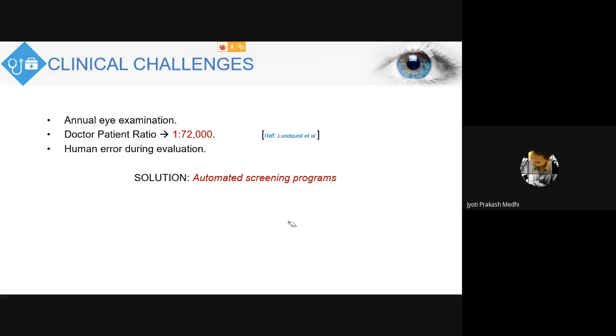So in this way, we can help the medical fraternity by using various automated algorithms for identification of retinopathy. So automated screening programs help in this case.